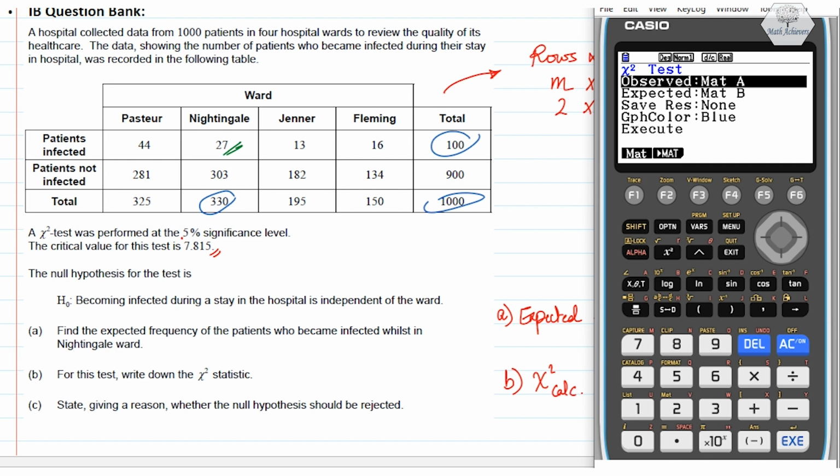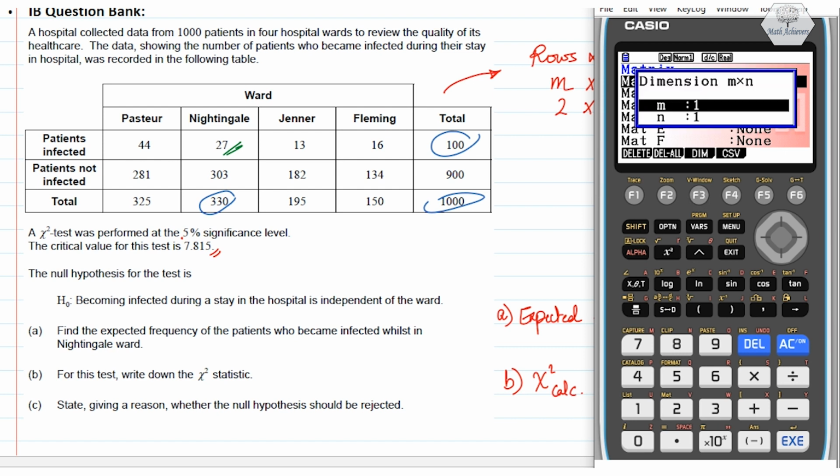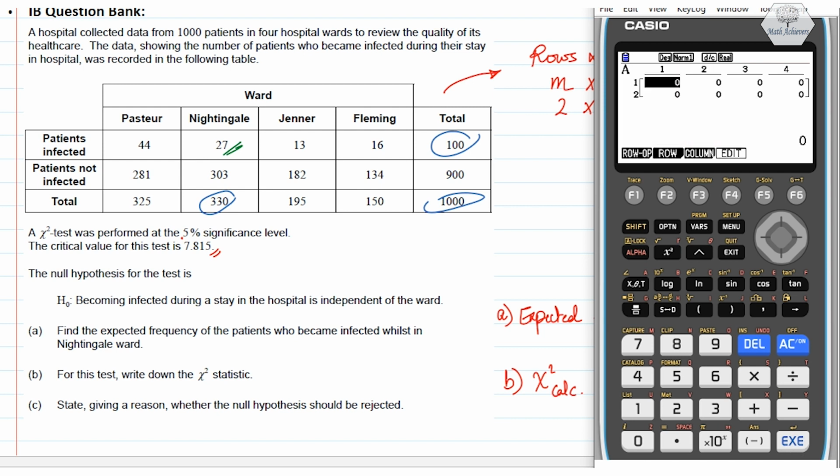Now, you can see that the observed frequency is in matrix A and the expected frequency is in matrix B. To edit these matrices, I press the arrow and mat, which is F2. I go to F2 and I have to edit matrix A. So I choose the dimensions. My matrix is 2 times 4. And I press enter.